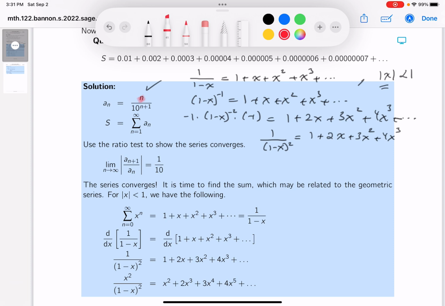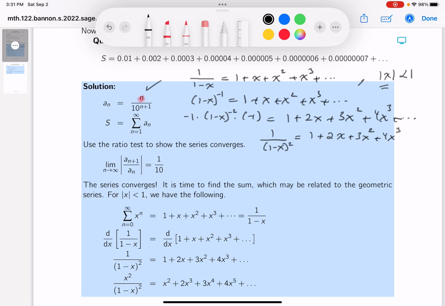I think I could do it by picking an x, and if I pick 1/10, well, that's not going to do it for me, because if I start at 1, I should get a 10 at the bottom. So let me multiply both sides by x and see if that helps.